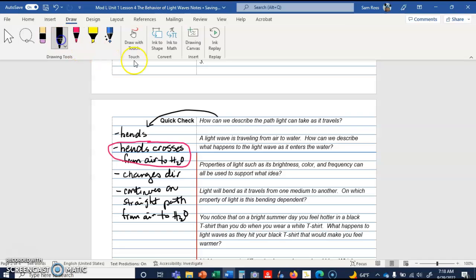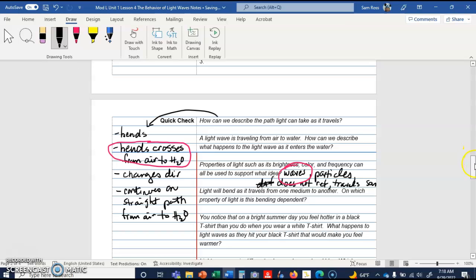So the ideas range from that light is in waves, that light is in particles, that it does not reflect, and then it travels the same speed. Sorry, that kind of all went away, but it's waves. So the brightness, the color, and the frequency indicate light acting as a wave.